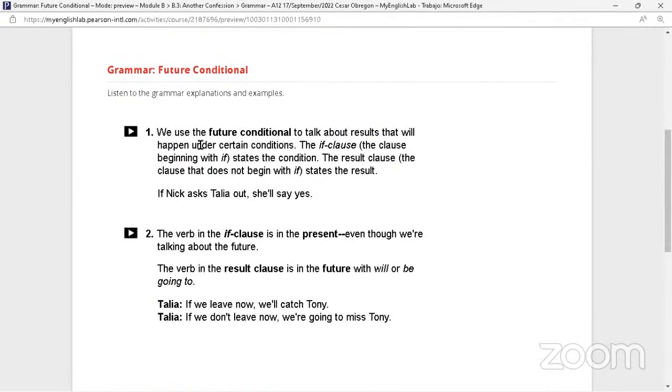Are you ready? Yes. We use the future conditional to talk about results that will happen under certain conditions. The if clause, the clause beginning with if, states the condition. The result clause, the clause that does not begin with if, states the result. If Nick asks Talia out, she'll say yes.